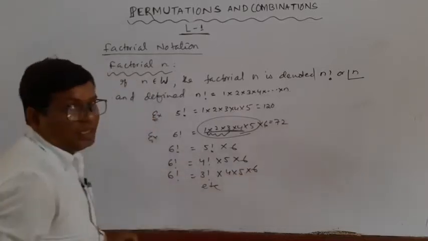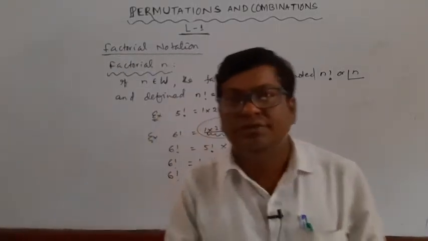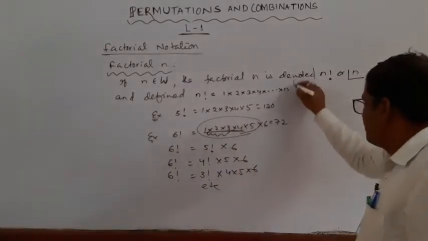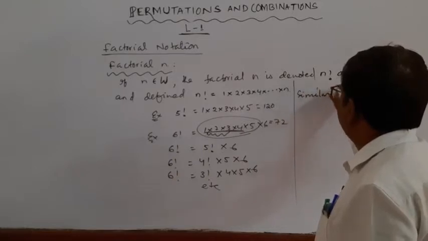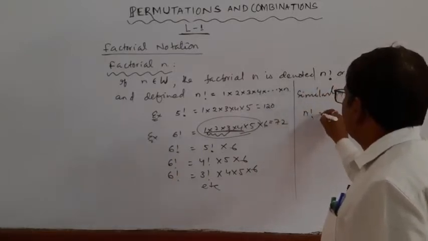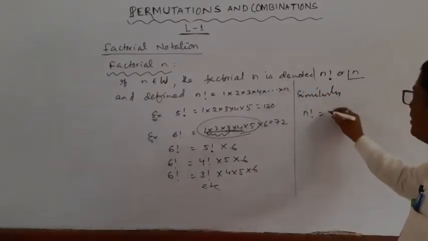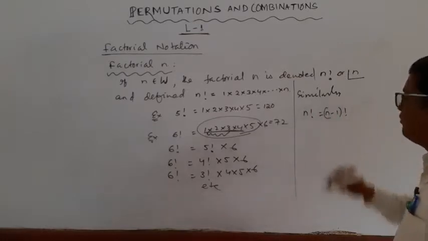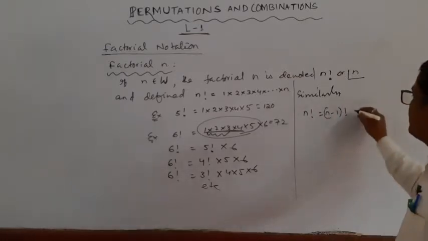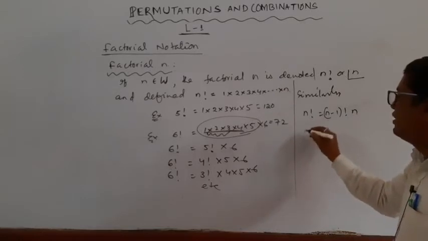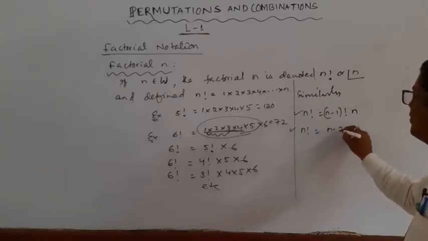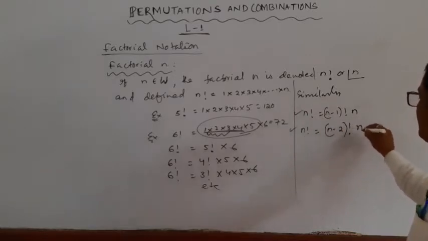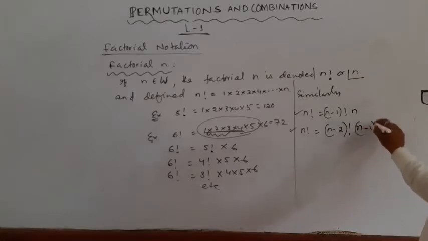Similarly, n factorial is equal to n minus 1 factorial into n, or n minus 2 factorial into n minus 1 into n.